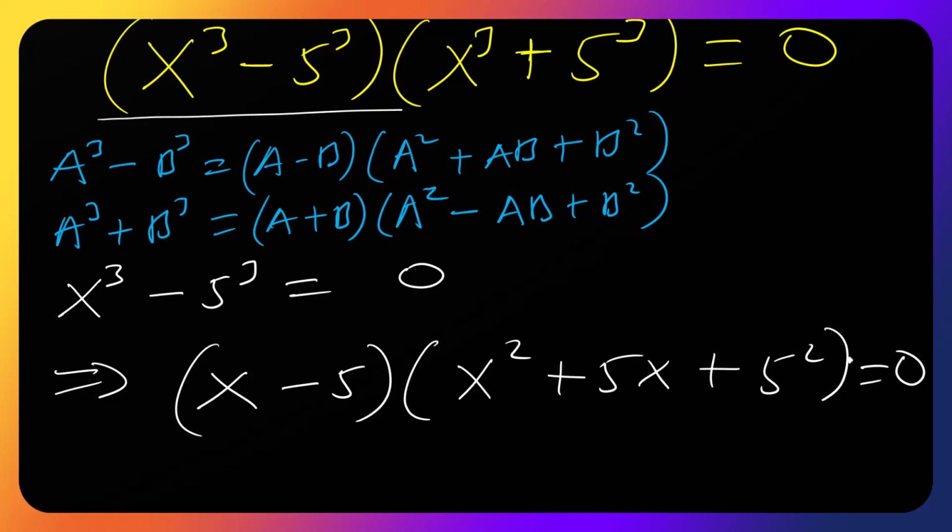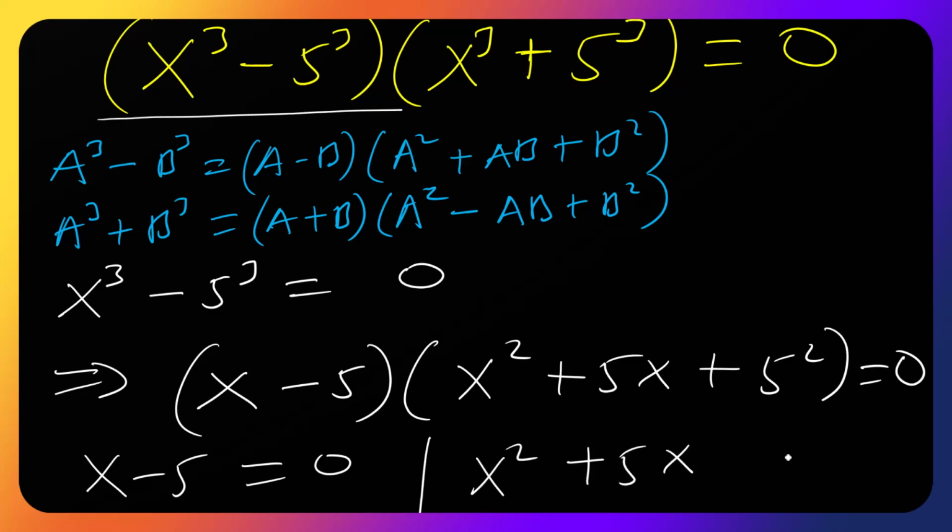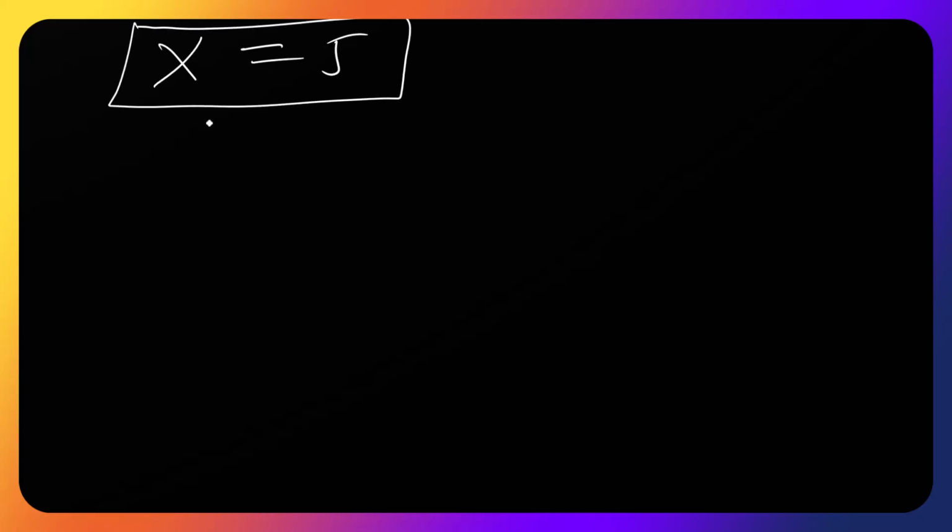Now let's finish with this one. So we can say x minus 5 equals 0, or x squared plus 5x plus 25 equals 0. So our first solution will be x equals 5. That is our first solution.